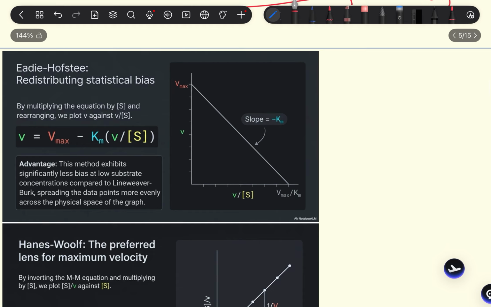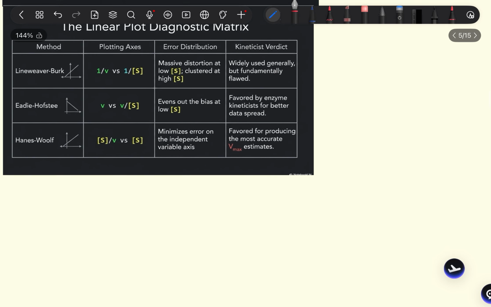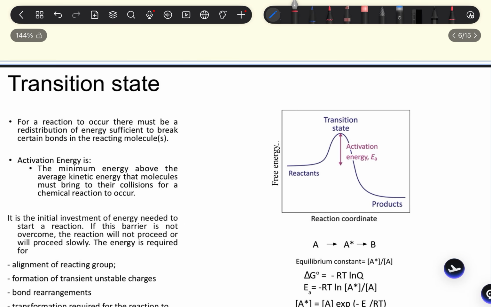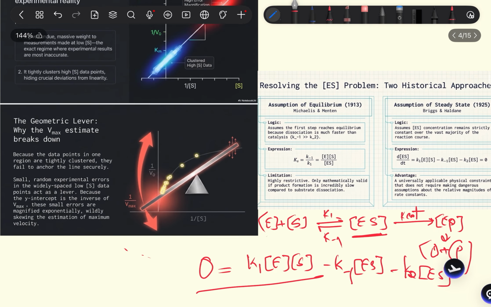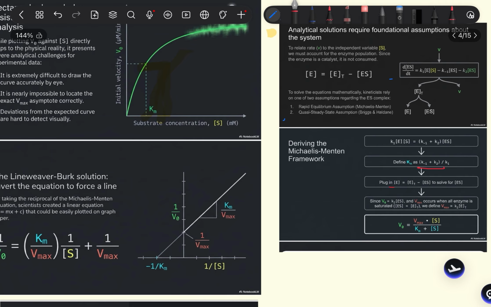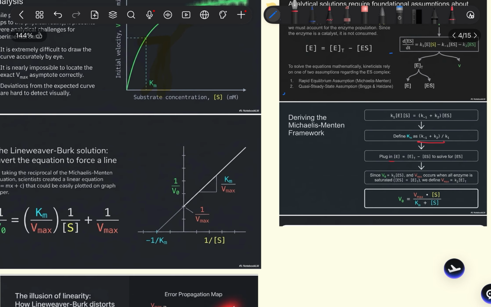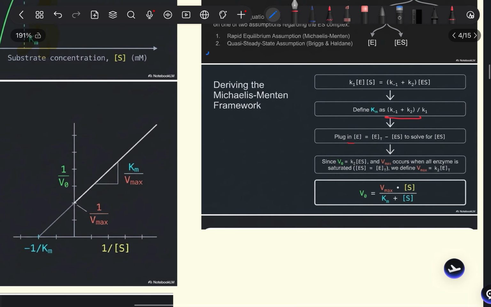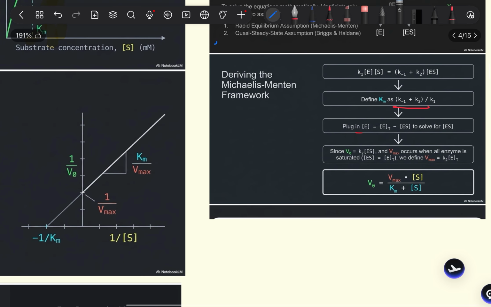Now from here comes the Michaelis-Menten equation. We call it the Michaelis-Menten equation because it goes into this KM equation.